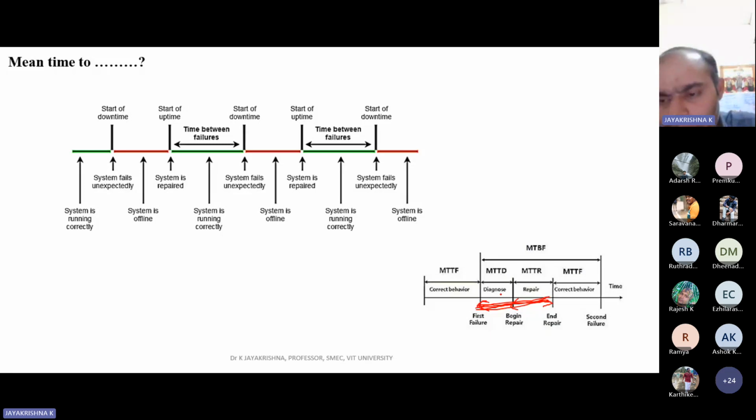MTTR is the time taken for repairing. And after you repair, the machine starts functioning again. So this will be your downtime, and this will be your uptime. After that, the machine will again start to function.